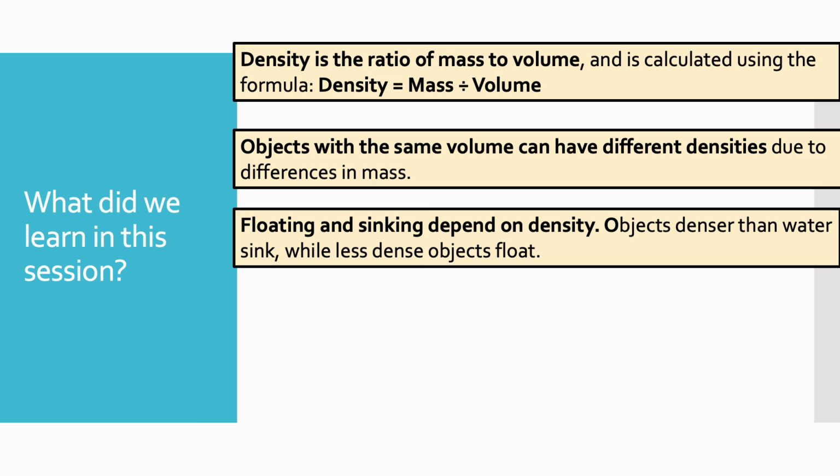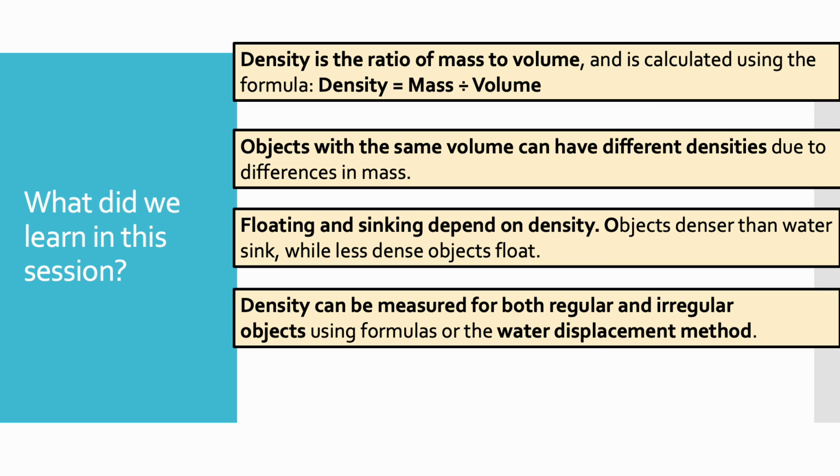Floating and sinking depend on density. If an object is denser than water, it will sink. If it's less dense than water, it will float. That's why ships float but nails sink. Then we can measure density for both regular and irregular objects. For regular shapes like cubes and cylinders, we use volume formula.